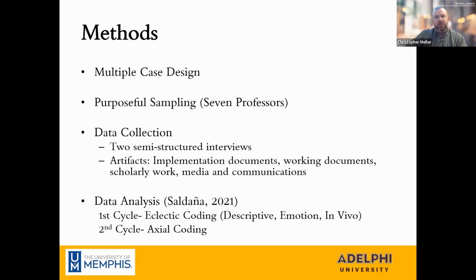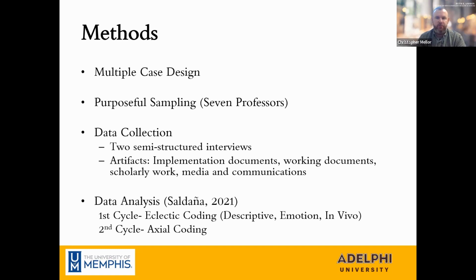We analyzed the data using a two-step method. Saldana explains eclectic coding as an exploratory method where you utilize several different types of coding. For instance, descriptive coding was used the majority of the time. Descriptive coding is similar to open coding, by which you assign lines and paragraphs of transcript codes that describe the participants' experiences.